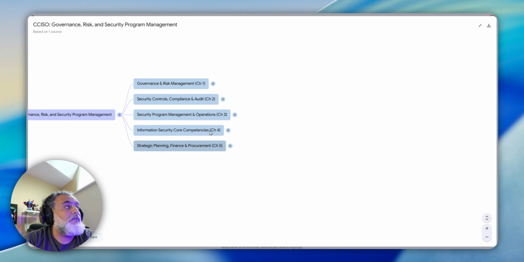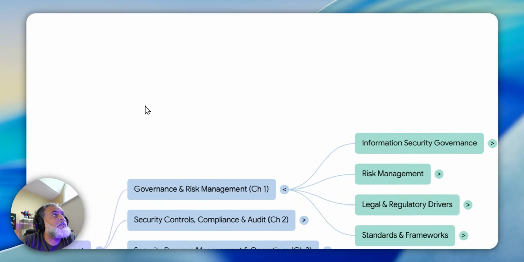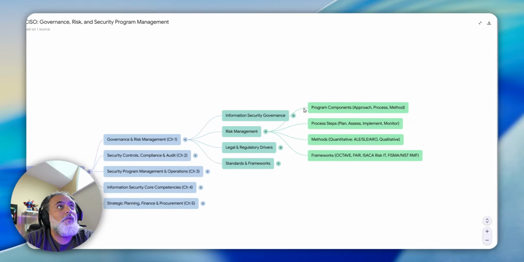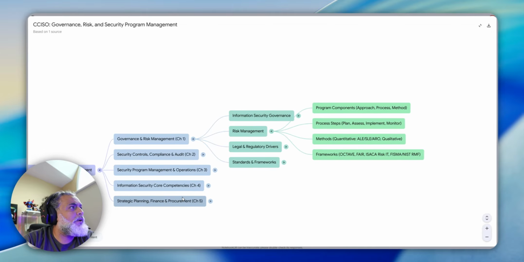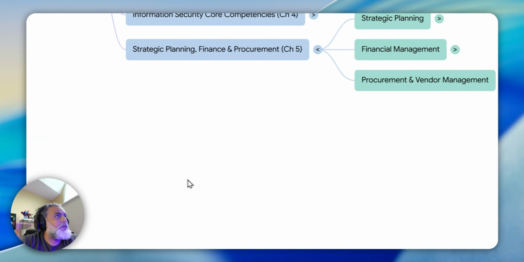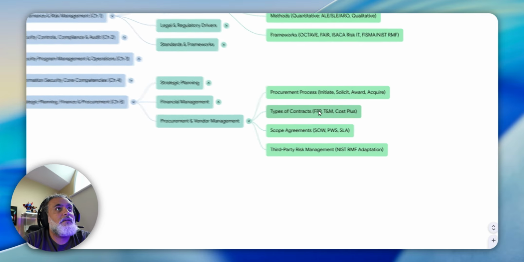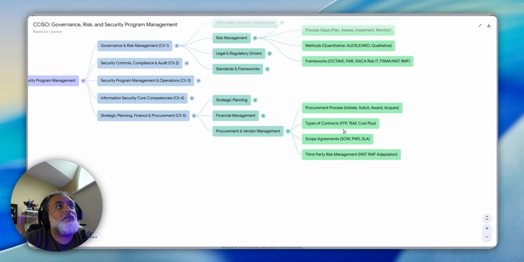So it has five chapters or main pillars: governance and risk management. If I want to look at vendor procurement and vendor management, no way.